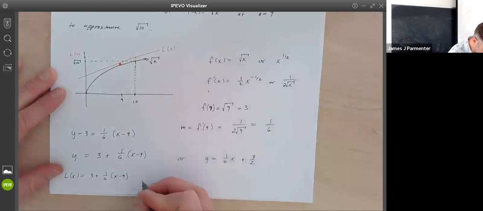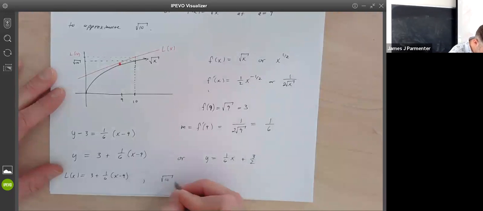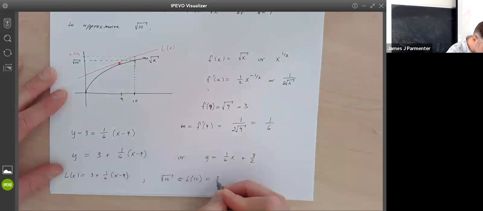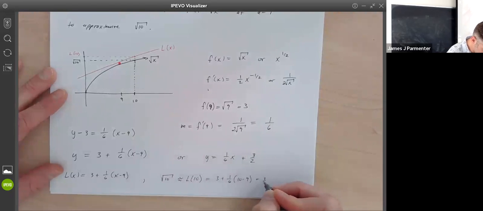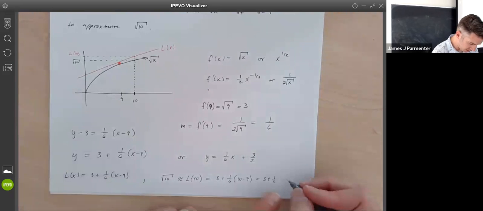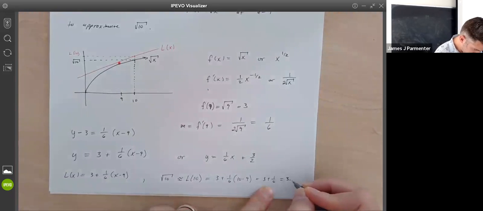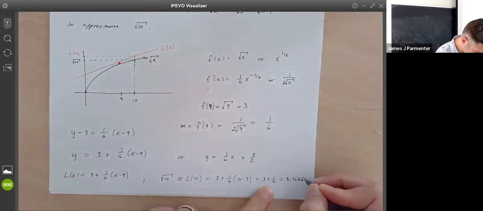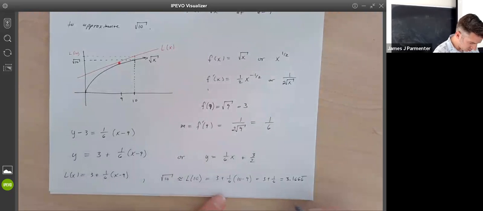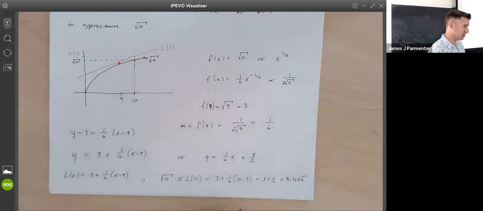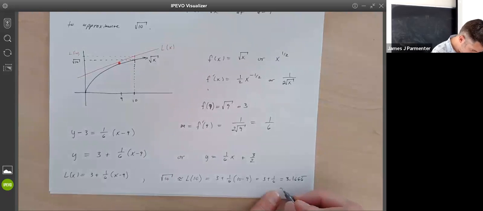So the square root of 10 is approximately this function where we plug in 10, which is 3 plus 1/6 times 10 minus 9, which is 3 plus 1/6, which as a decimal is 3.166666 forever, or as a fraction would be 19/6.